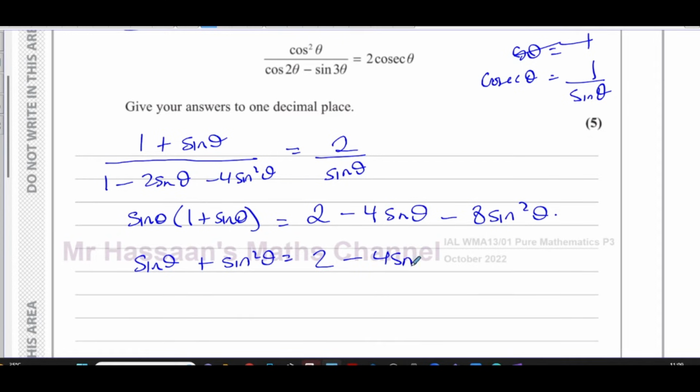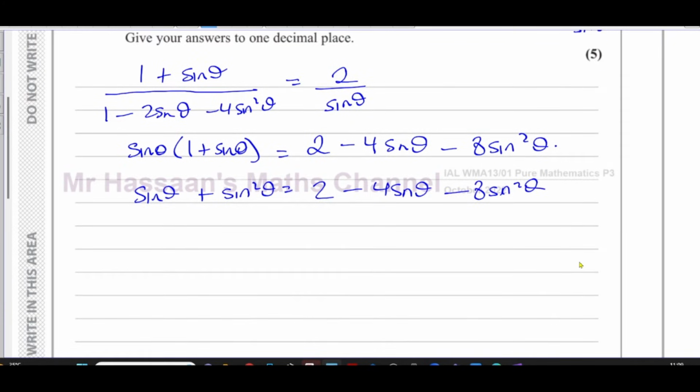So what we can do now is think of this as a quadratic equation and bring all the terms to one side. I'm going to add 8 sine squared theta to both sides. That gives me 9 sine squared theta. I'm going to add 4 sine theta to both sides. That gives me plus 5 sine theta. And I'm left with 2, so I'm going to subtract 2 from both sides. I have minus 2, and that's equal to 0.